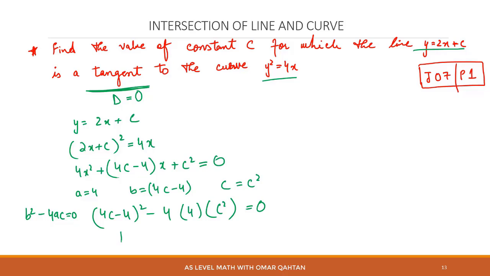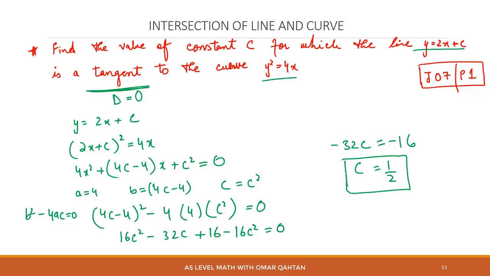Opening this identity and solving it, we get 16c square minus 32c plus 16 minus 16c square is equal to 0. Then minus 32c is equal to minus 16, so c is equal to 1 upon 2. So this is the value of constant c.